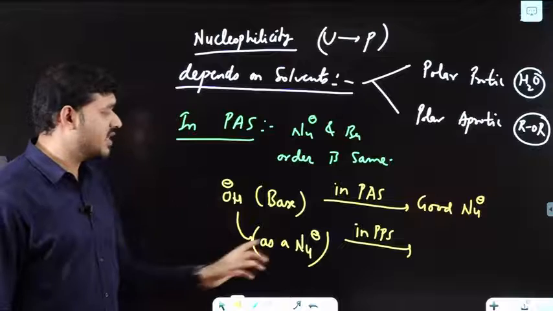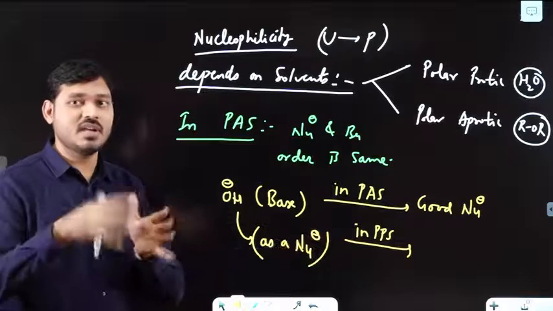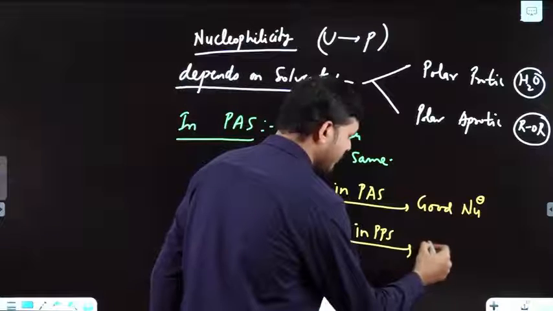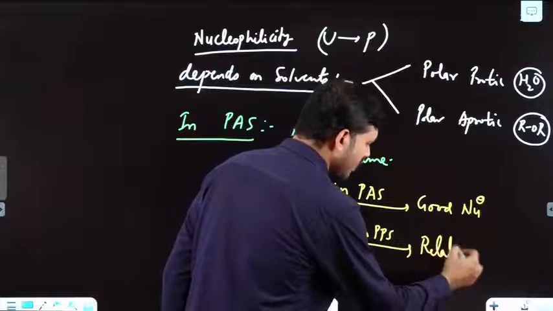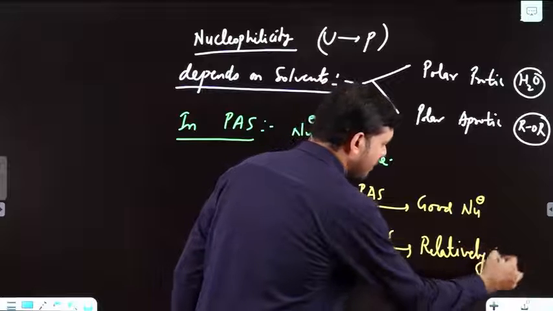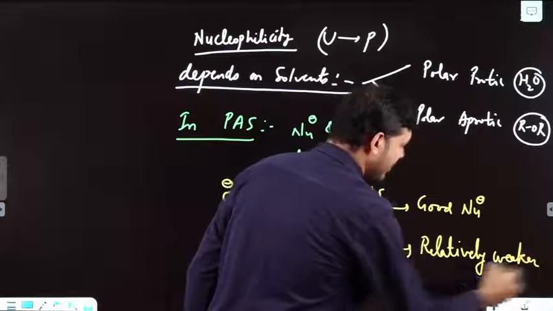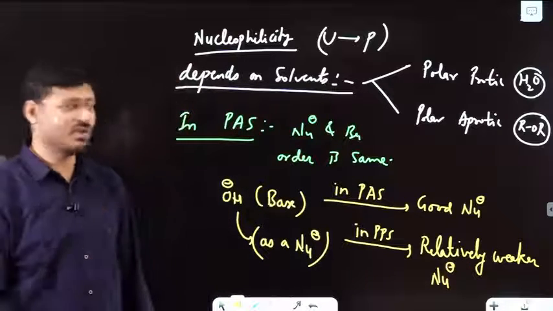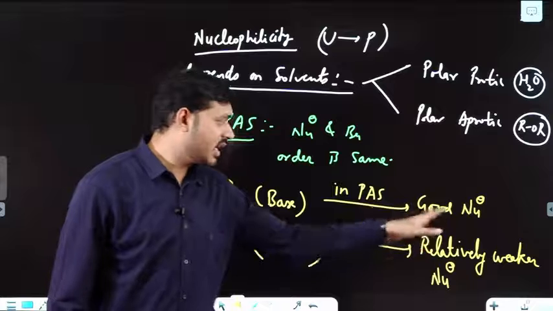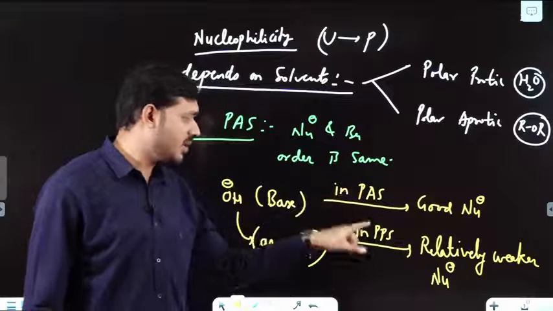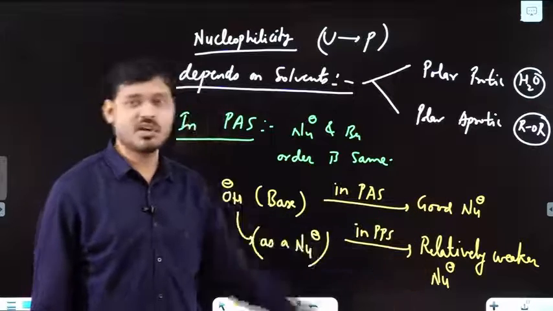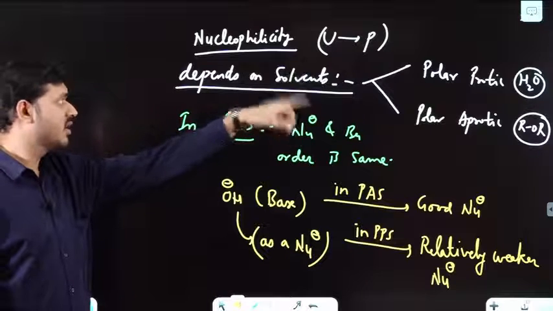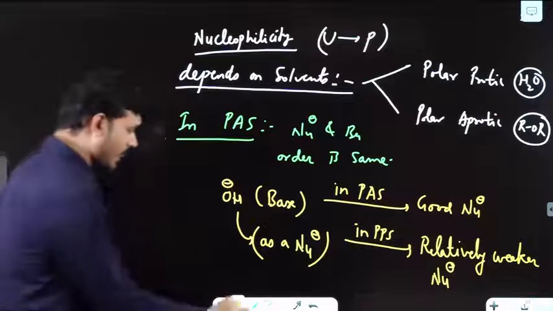But if I say OH minus in polar protic solvent, then it will have interaction with the solvent as well. So it will be a relatively weaker nucleophile. I think you have understood the difference between the two cases. Relative to polar aprotic, in polar protic it will be a relatively weaker nucleophile. Clear? I think you have understood the difference between the two solvents with nucleophilicity.